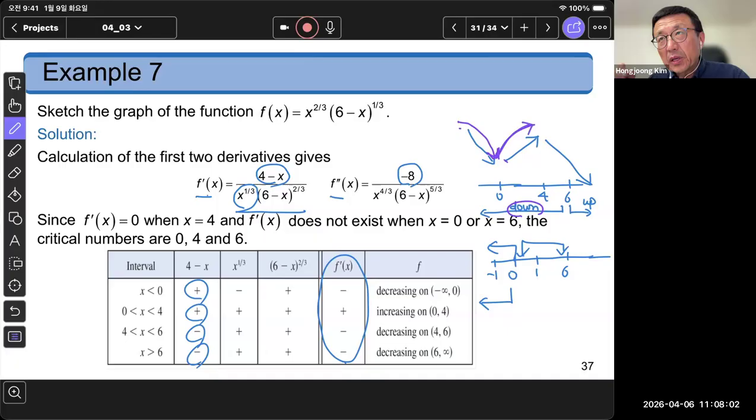And then between 4 and 6, your function is decreasing and concave downward, so like this. And then beyond 6, your function will be decreasing but it is concave upward, so it is like this.